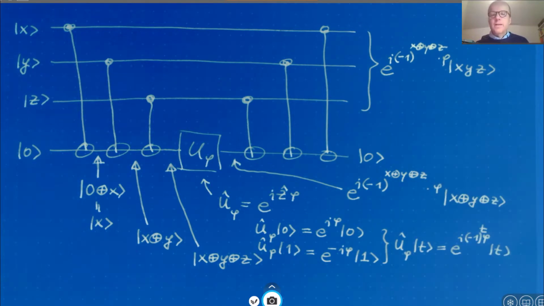This is really the effect of the circuit: when the input qubits enter in basis states, they acquire a phase factor e to the plus or minus I phi, where the plus or minus is given by -1 to the power x plus y plus z. The question is, is that what we want?